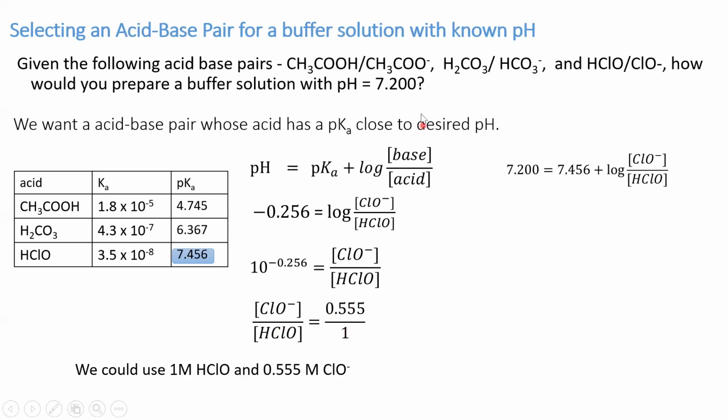So if we wanted to make a buffer solution that has a pH of 7.200, we would need 1 molar hypochlorous acid combined with 0.555 molar hypochlorite ion. This would come from sodium hypochlorite, but the sodium is a spectator, so it doesn't matter. And if we mix these two solutions together, the pH of that buffer solution will be 7.200.